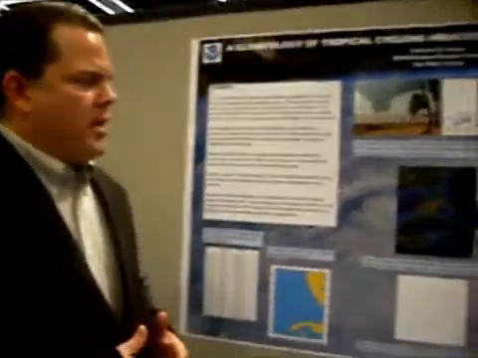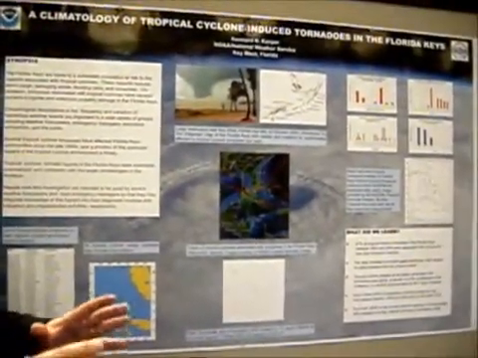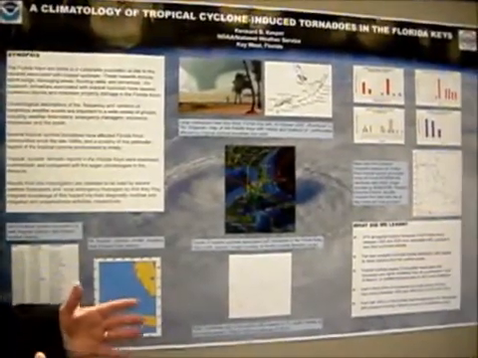We did a climatology of all the tornadoes associated with tropical cyclones in the Florida Keys from 1950 to 2009. Basically, we looked at the Storm Prediction Center tornado report database and extracted all the tornado reports that affected the Florida Keys.